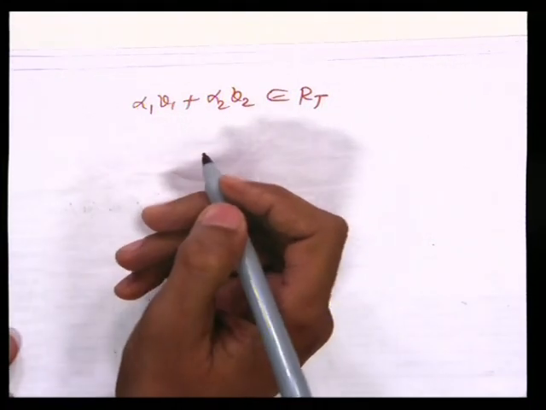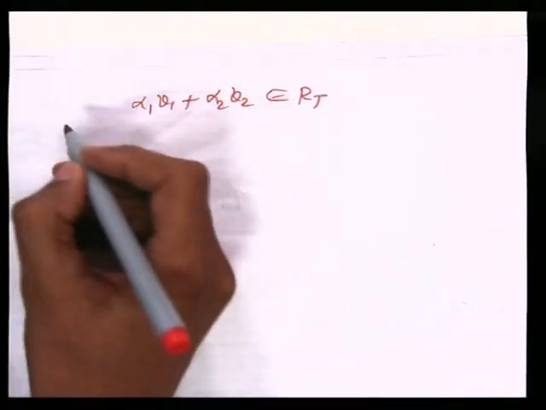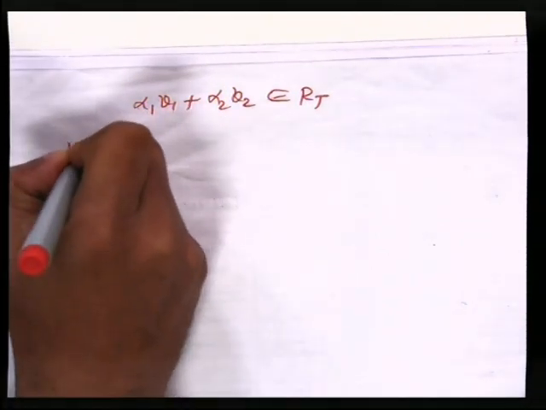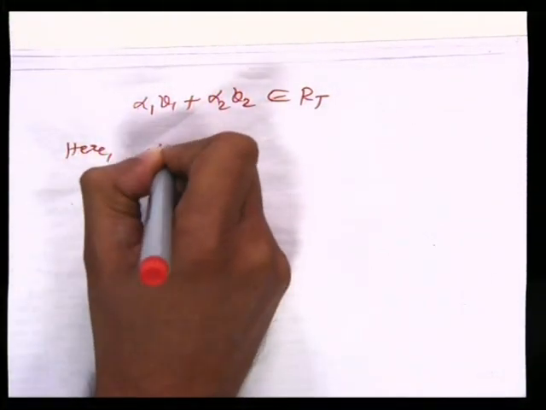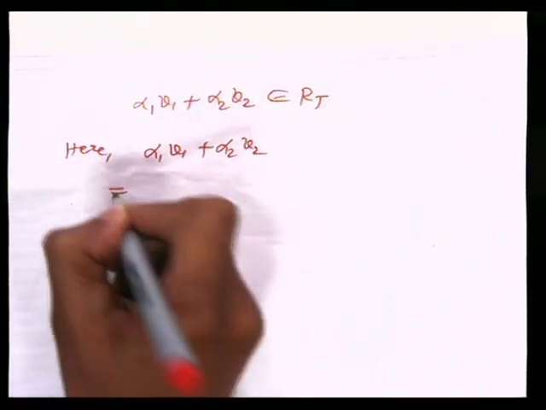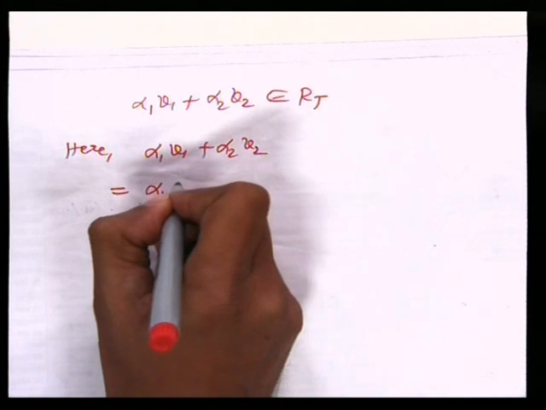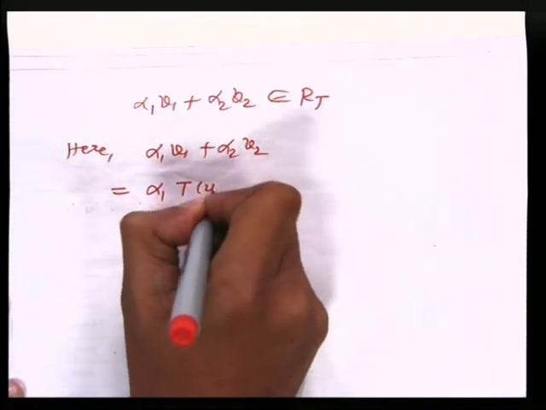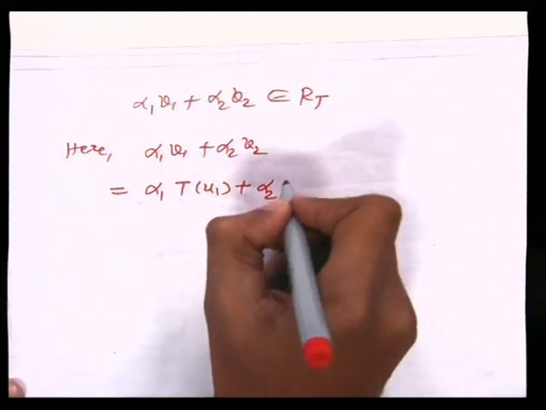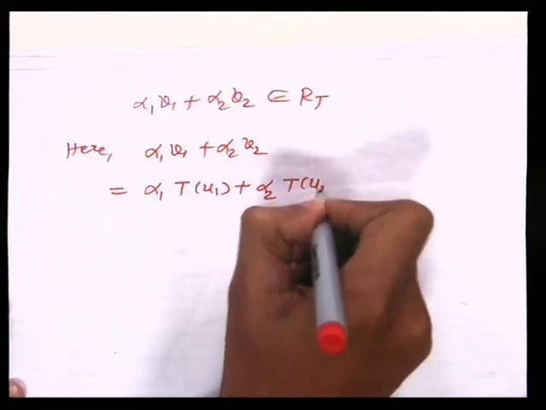To prove this, alpha 1 V1 plus alpha 2 V2 we can write as alpha 1 times T of u1 plus alpha 2 times T of u2.